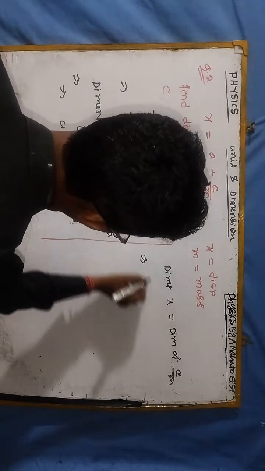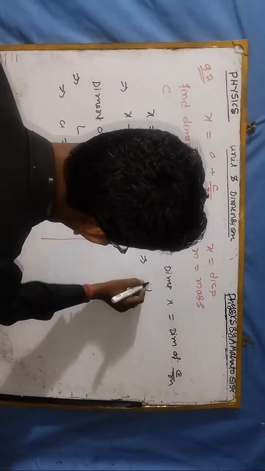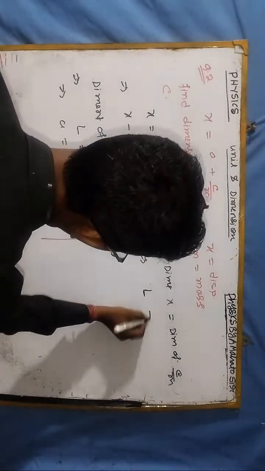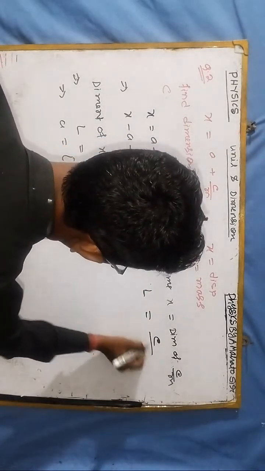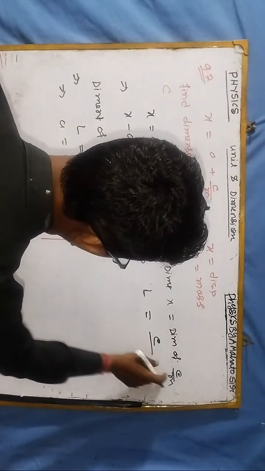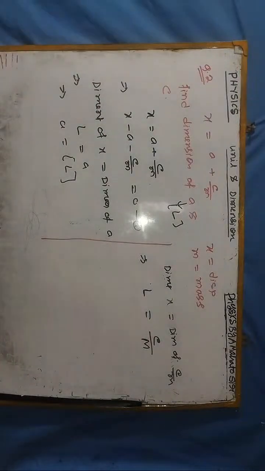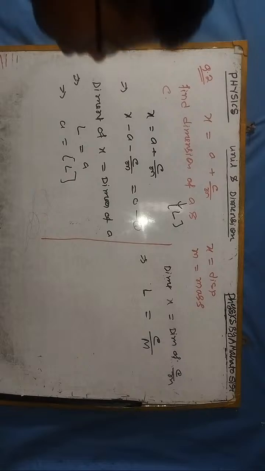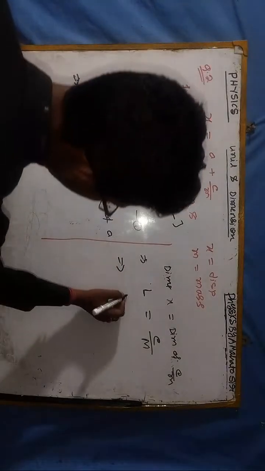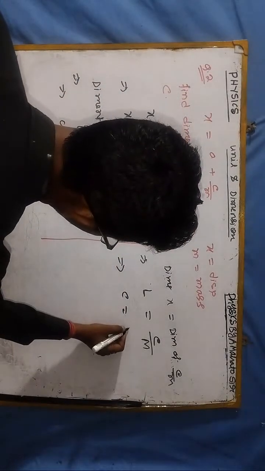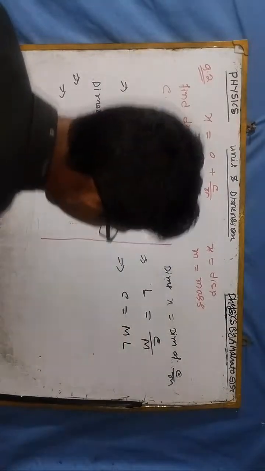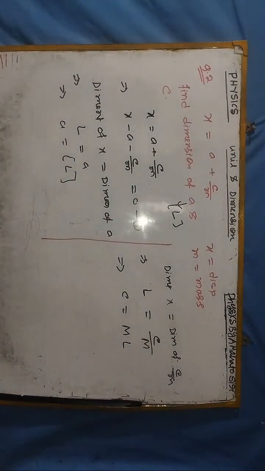The dimension of x is L, equal to c by m, and the dimension of m is M. So the dimension of c is ML.